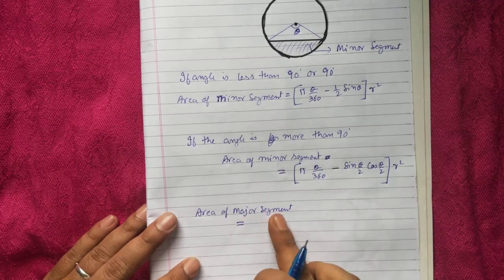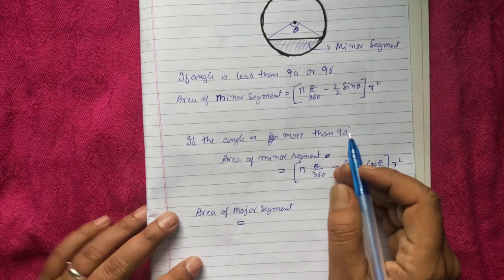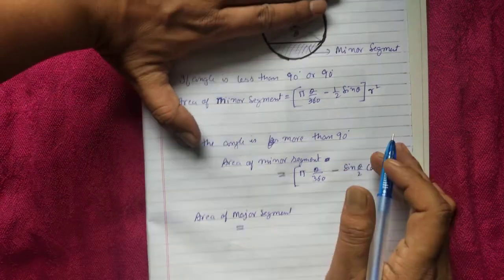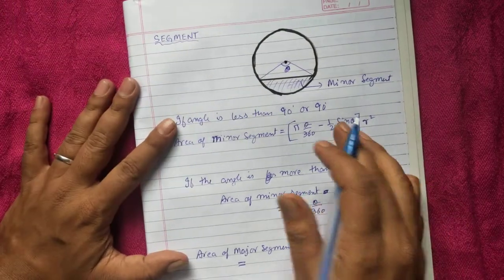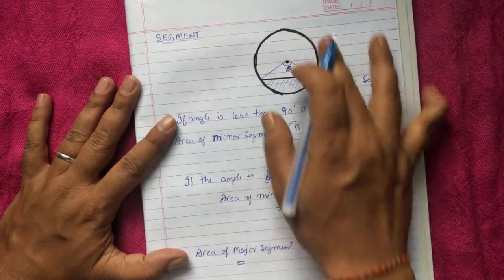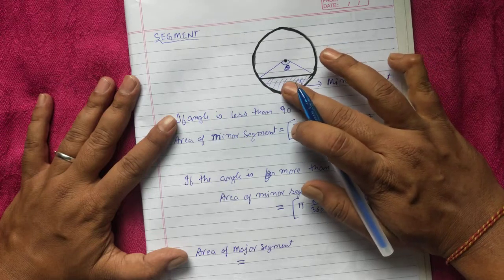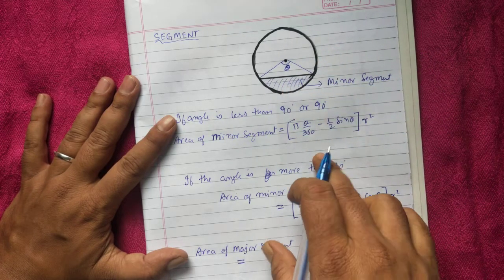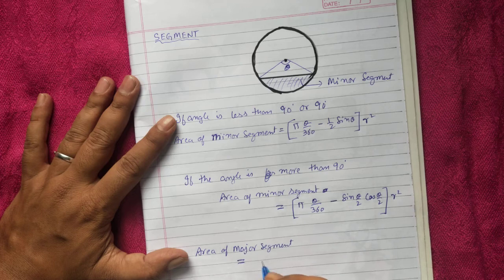Area of major segment is simple. Major segment means the bigger portion. To find the major segment, just from the circle you have to minus the minor segment. First you will find minor segment, then you will find the major segment.